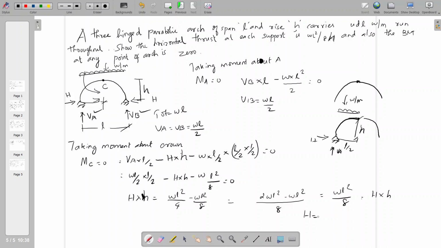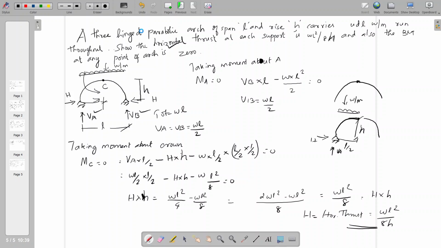So that capital H, the horizontal thrust, is equal to WL square by 8h. So this is the first question: find out the horizontal thrust, which is equal to WL square by 8h. And also prove that the bending moment at any point of the arch is zero.